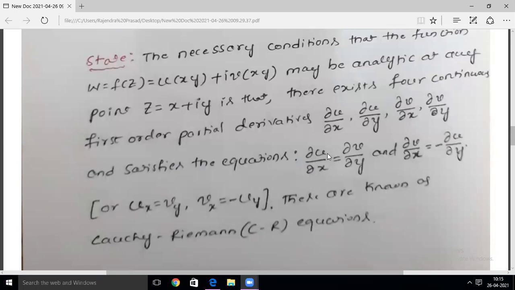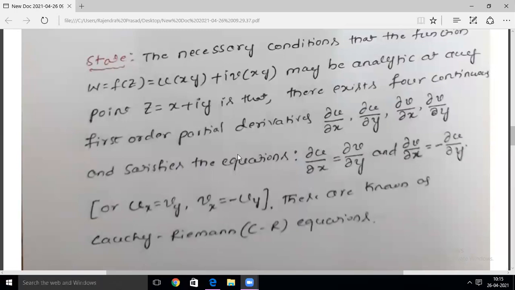Is it clear? Del u upon del x is denoted by ux, del v upon del y is denoted by vy. So simply this can be written as ux is equal to vy and vx is equal to minus uy. So these are known as CR equations. So this is about the statement.